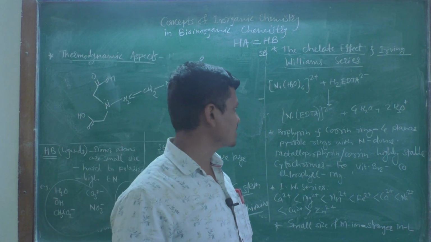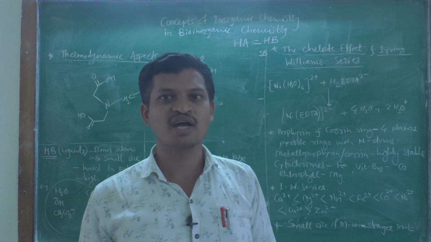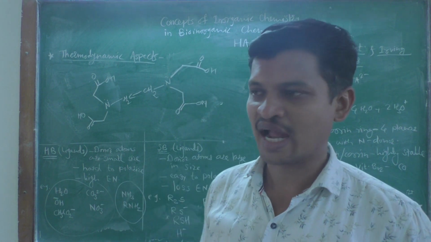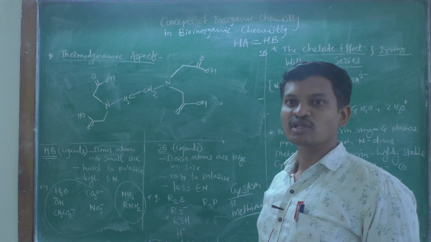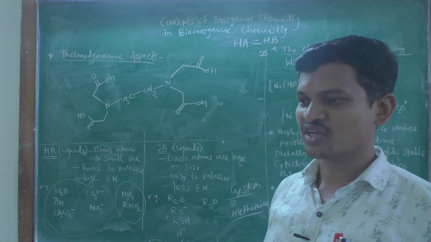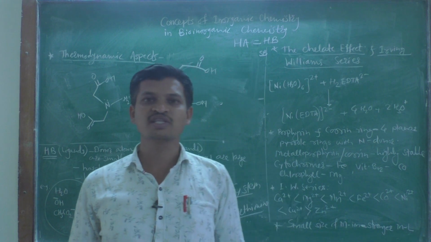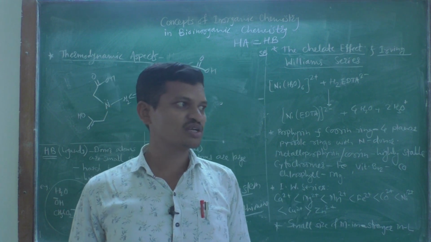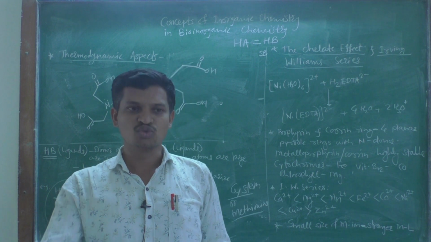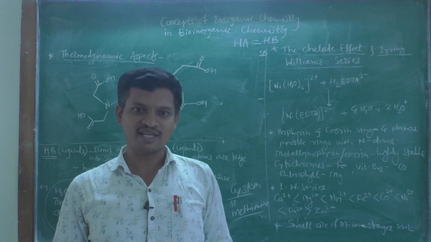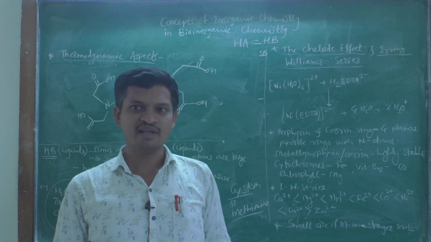Due to this extra stability, chelate complexes are very stable in nature, and hence EDTA is generally added in the body system when someone is poisoned or some toxic effects have been found.